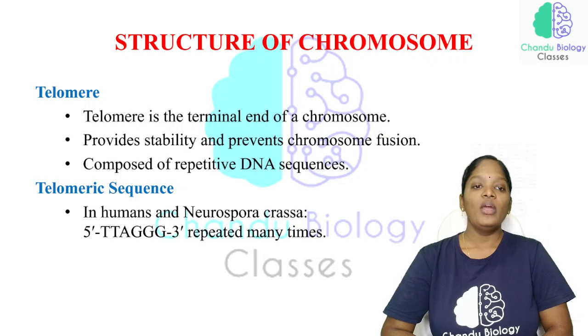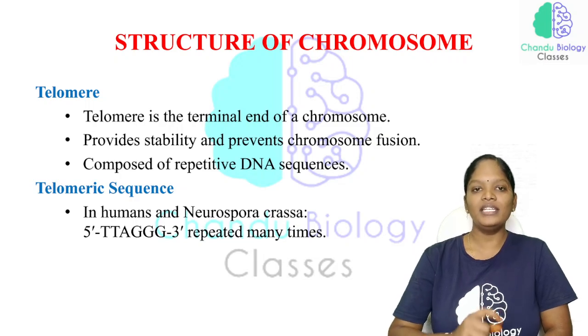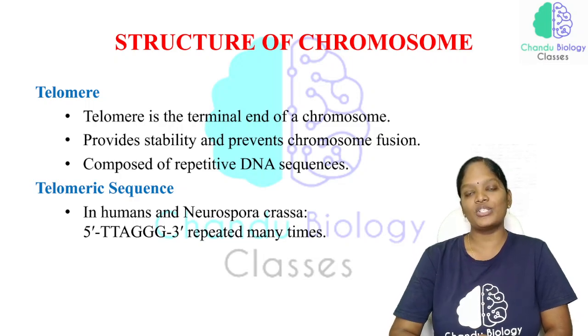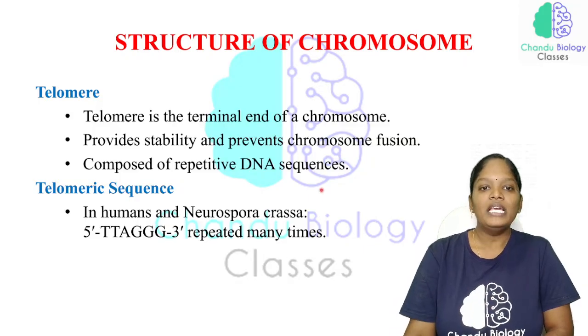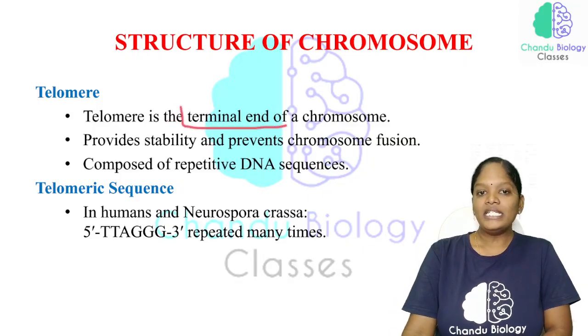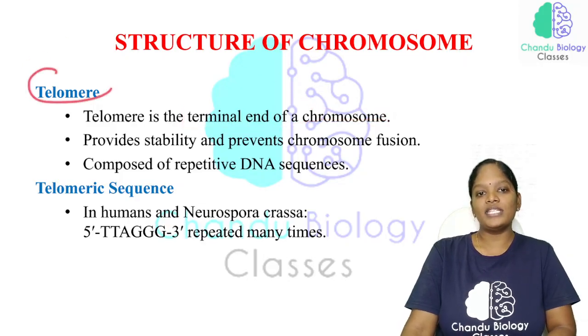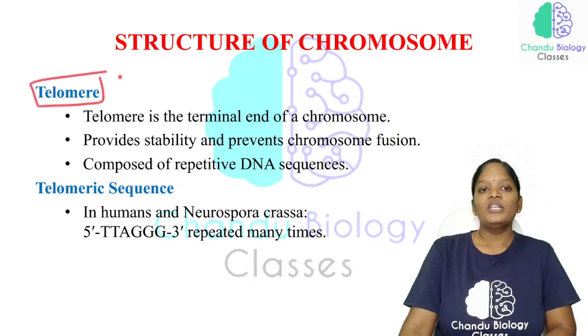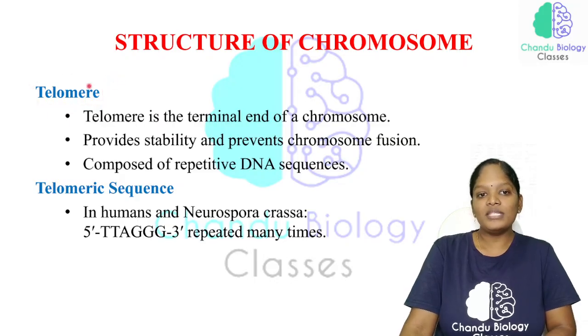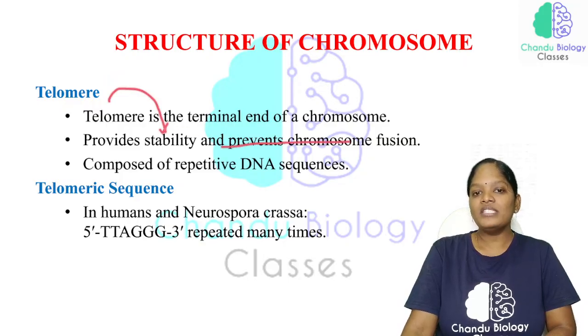Now before that, what is a telomere? Another very important structure of the chromosome is the telomere. The telomere is the terminal end of the chromosome. The end part of the chromosome is called the telomere. And why do we need a telomere? This telomere is responsible for providing chromosome stability and prevents chromosome fusion.